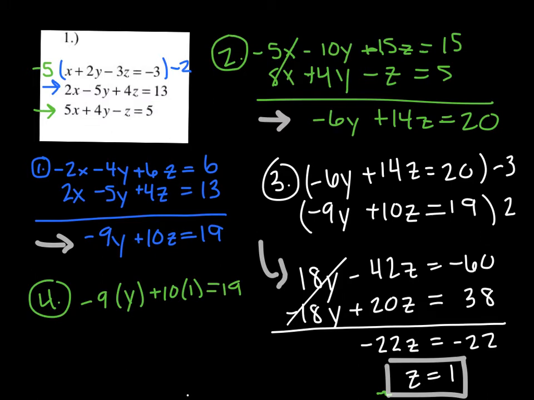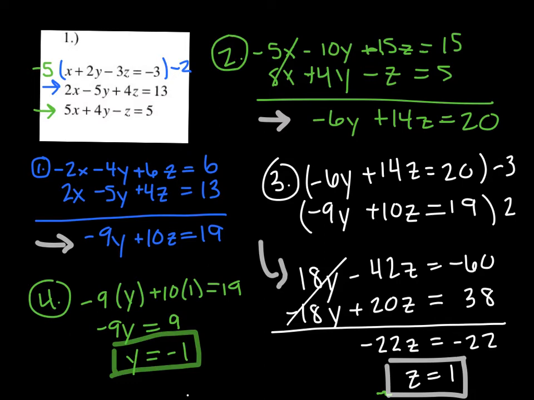So 10 times 1 is 10. So negative 9y. Subtract the 10 over. So 19 minus 10 will give you 9. Divide by negative 9 on both sides. Y will be negative 1.